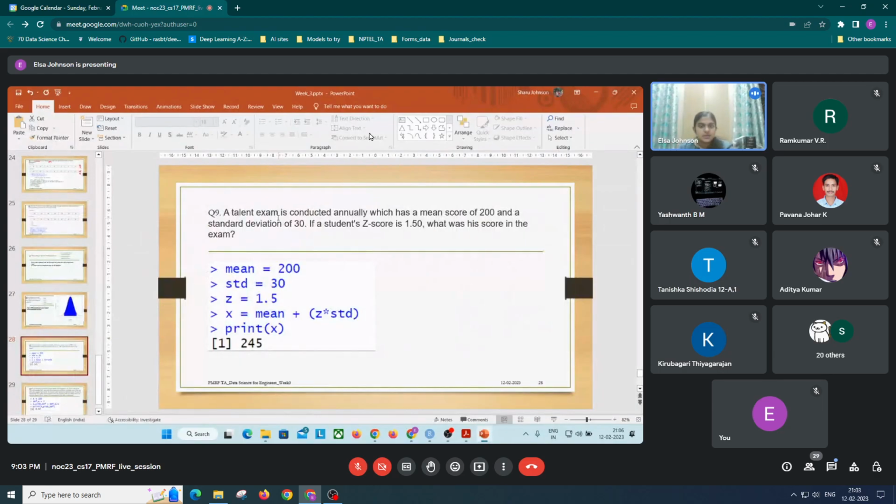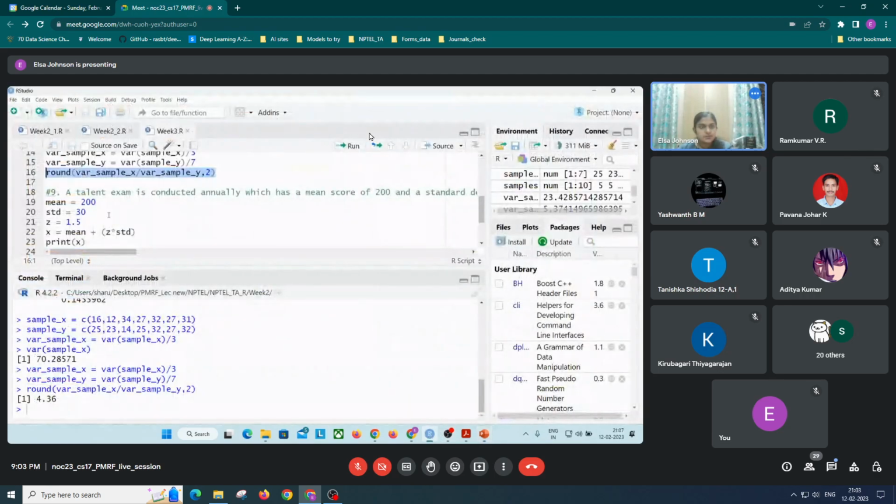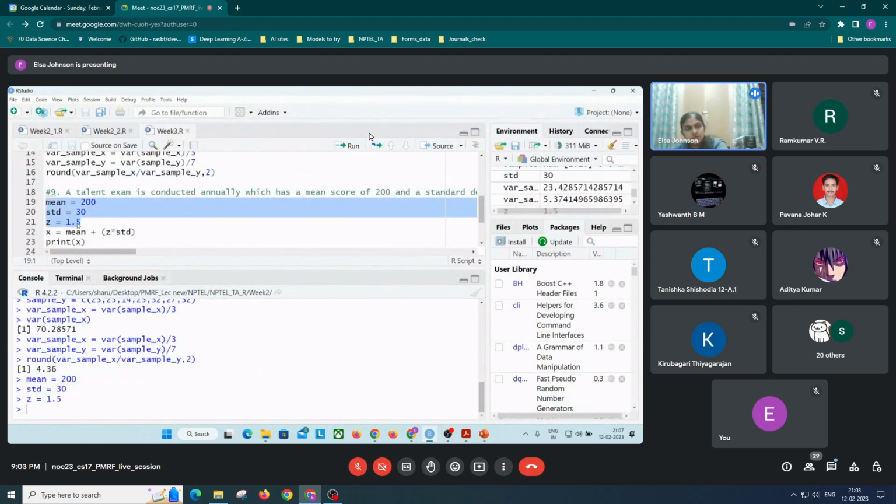Then the next one: a talent exam is conducted annually, which has a mean score of 200 and a standard deviation of 30. If a student's z score is 1.5, what is his score in the exam? So this is an easy question. You are given the mean, the standard deviation, and the z score.